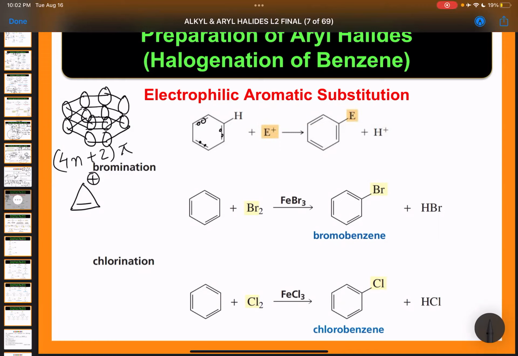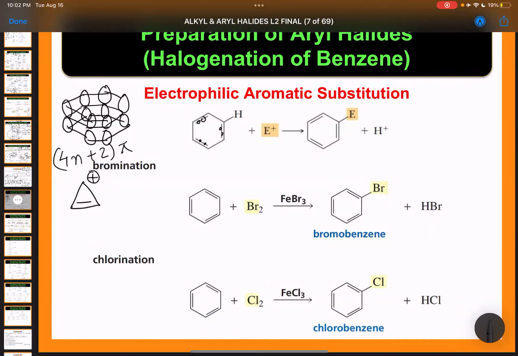In many reactions, not all, these pi electrons are actually removed. But in many of the reactions, it happens in such a way that the reaction occurs and the pi electrons continue to remain on the ring, right?